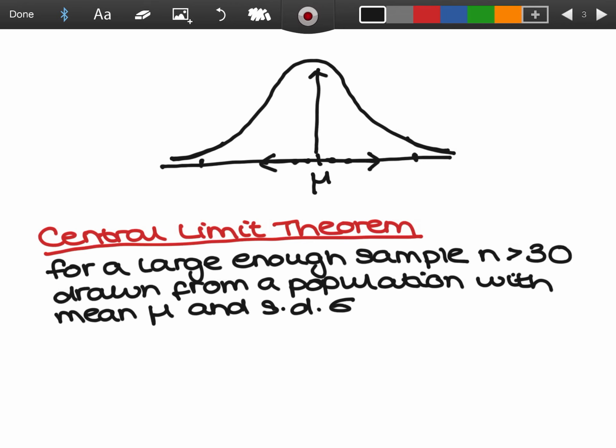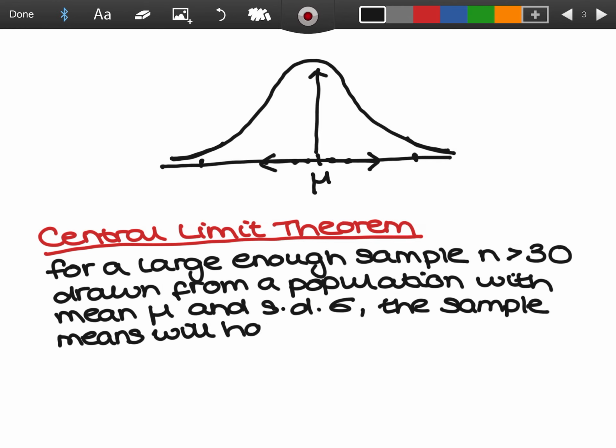So whatever the values of the mean and the standard deviation for your population are, the sample means will have approximately a normal distribution. So regardless of the size of your sample, as long as it's at least 30, you should end up with your sample means forming a normal distribution around your population mean.